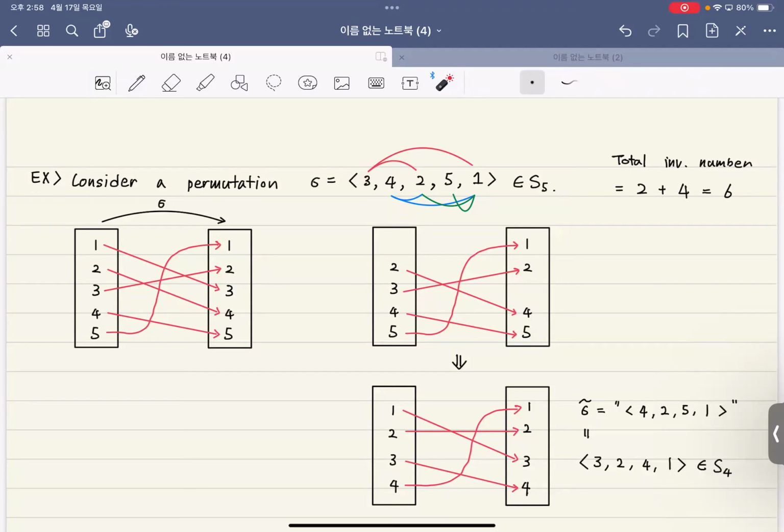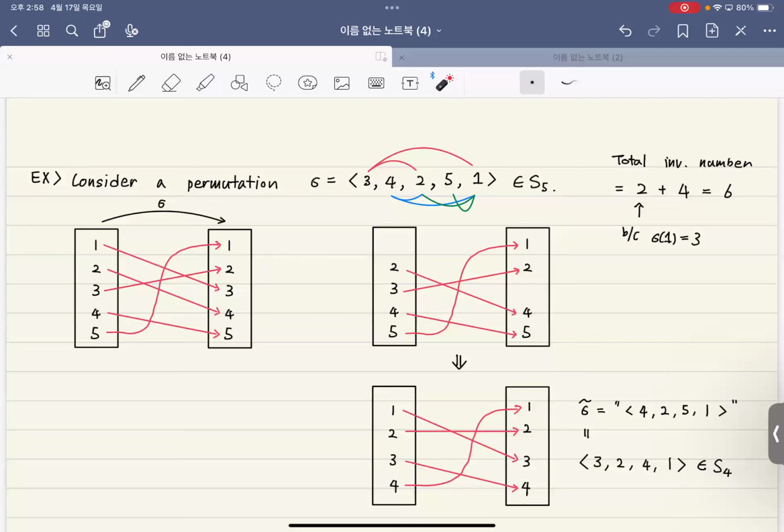I intentionally decomposed this number into 2 plus 4, and this number 2 came from the fact that sigma of 1 was 3. Sigma of 1 was 3, so there must be 2 numbers, which are 1 and 2, less than 3 that come after 3.